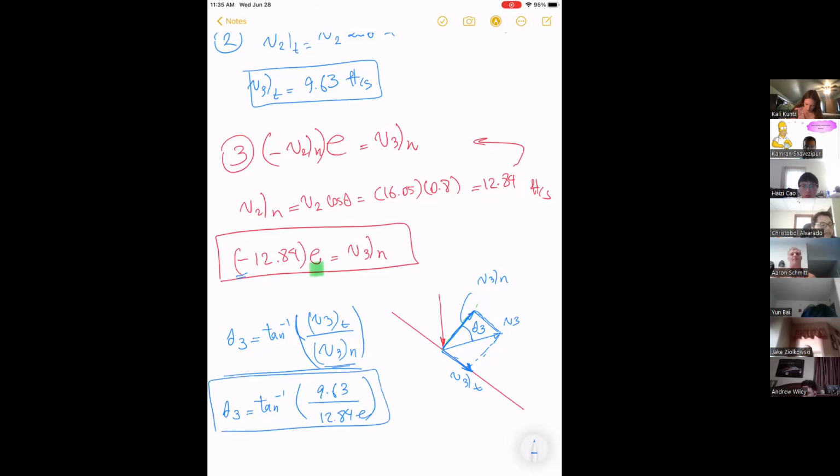Because we cannot continue with e in the tangent, and you have to have sine and cosine and all of that. So it makes it complicated, right? So then how do you solve this?